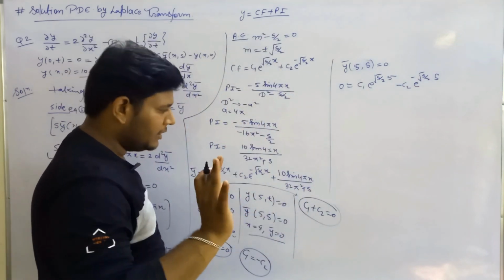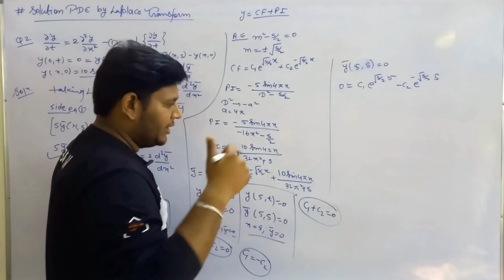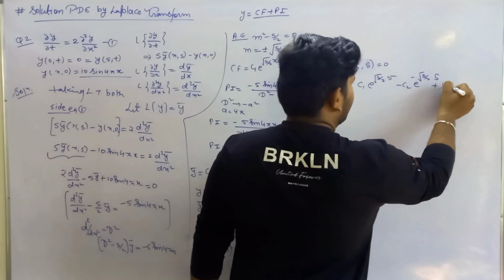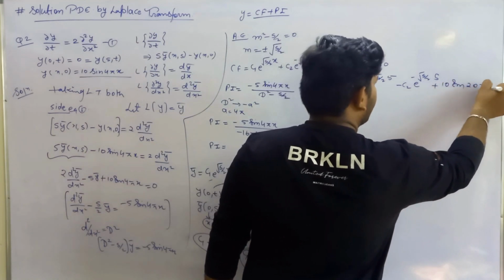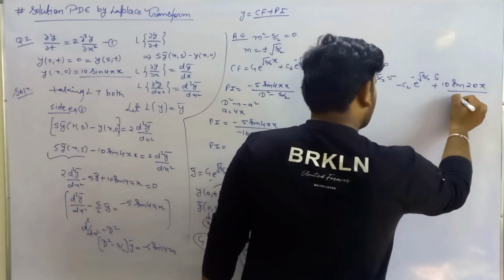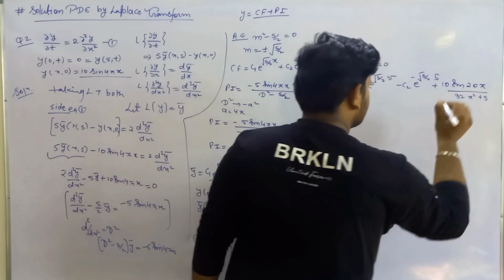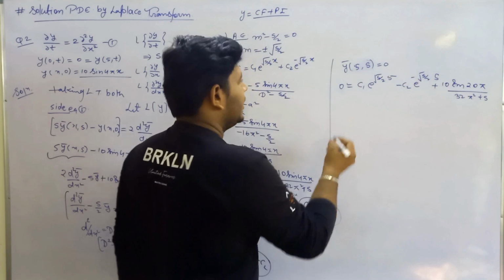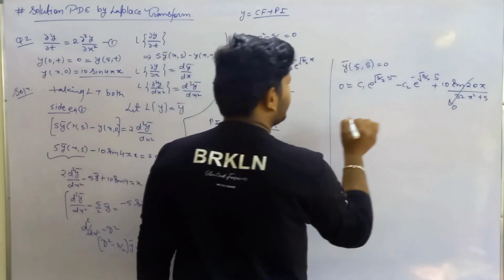Because when x equals 0, I can write tan sine 20 pi over 32 pi square plus s. 20 pi, sine pi is always 0, so it will always be 0. It means it becomes 0.